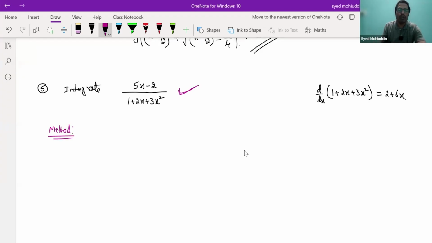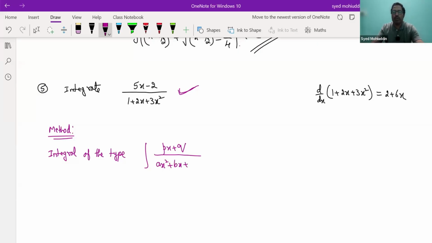So when you have an integral of the type px plus q, I'm giving you the standard form: px plus q divided by ax square plus bx plus c.